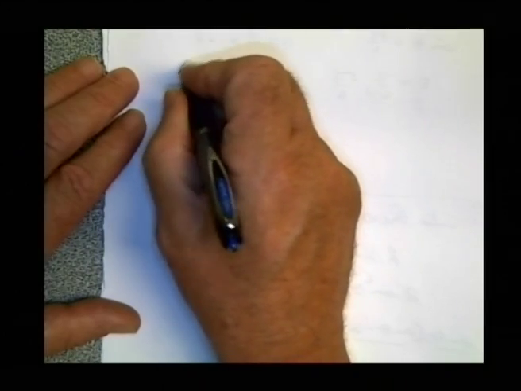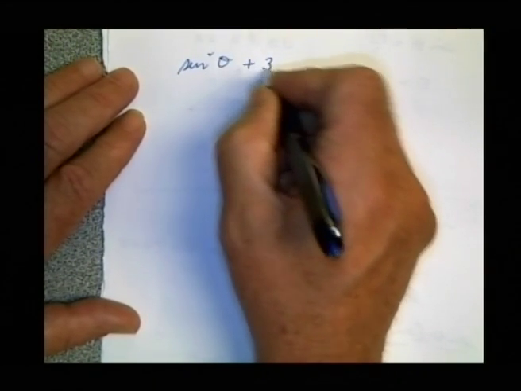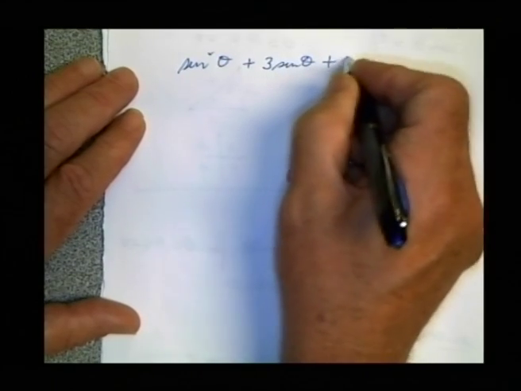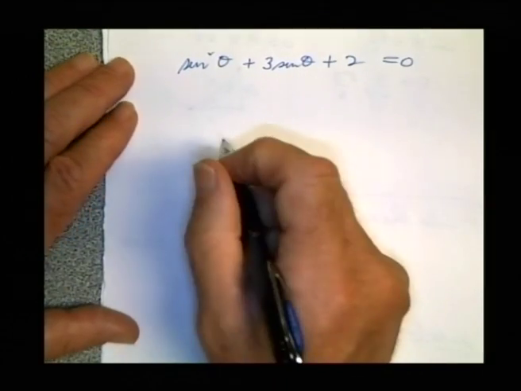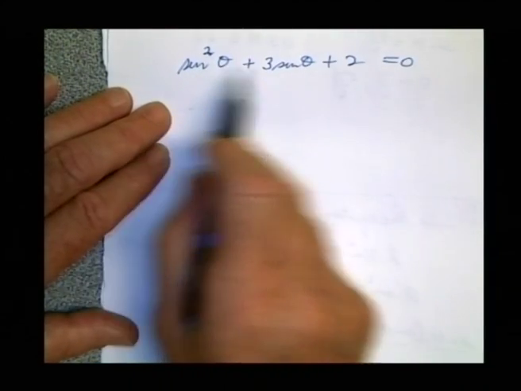Now, another type of trig equation might be called a quadratic trig equation. For example, if it's sine squared theta plus 3 sine theta plus 2 is equal to naught, we can treat that like any quadratic equation in terms of sine theta.